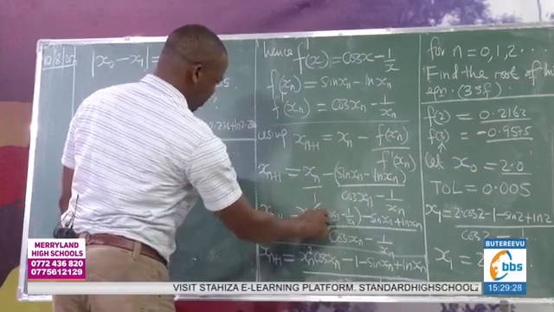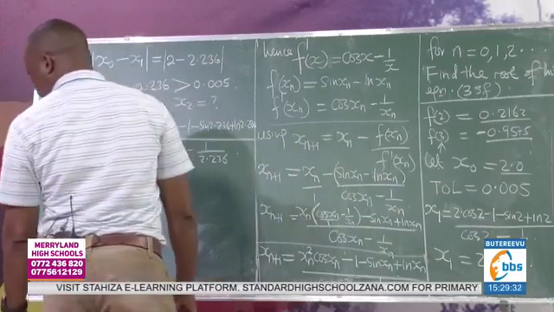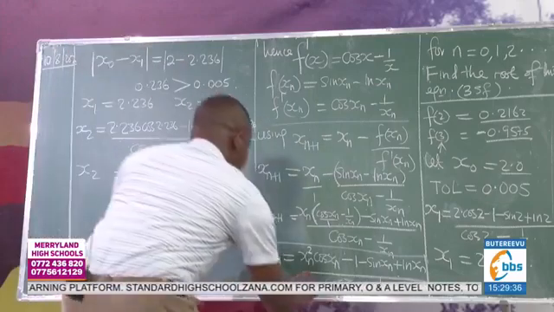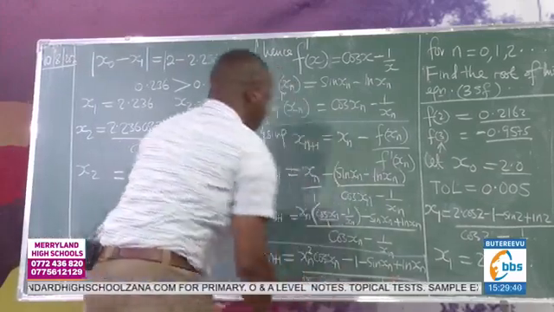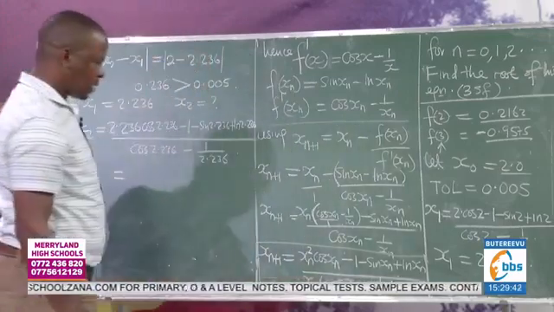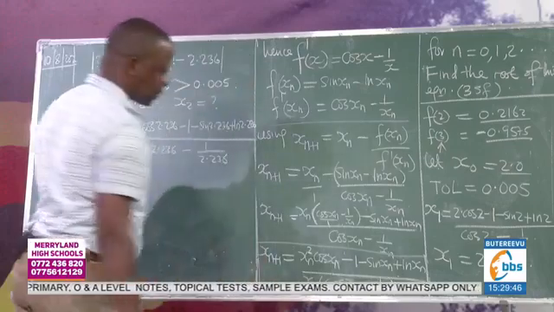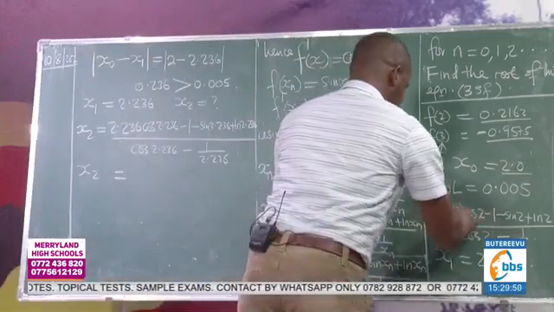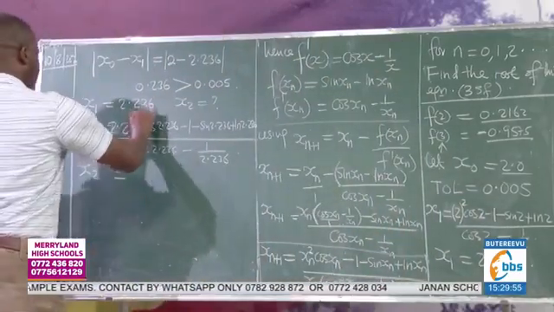If we took an LCM in here, this should have been squared, and there should have been an xn here. I'm noticing that, which is very, very important. So this should have been squared.